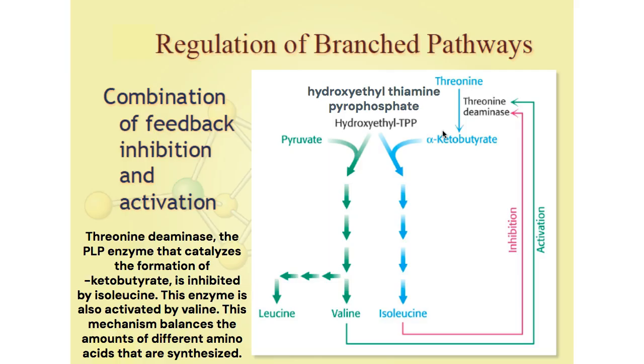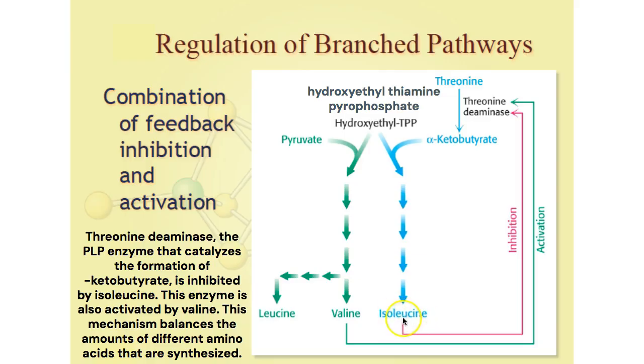And so there's also a combination of feedback inhibition and activation that helps regulate amino acids. In this example here, you have hydroxyethylethylamine pyrophosphate. And when it is reacting with the alpha ketoglutarate, it ends up forming isoleucine.